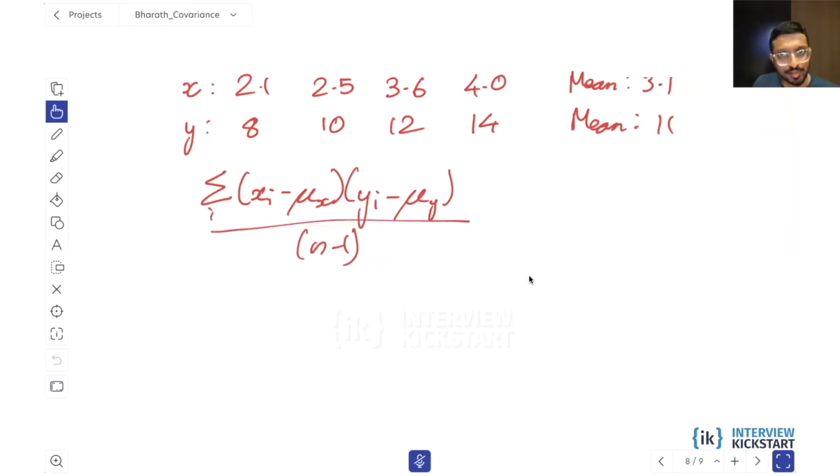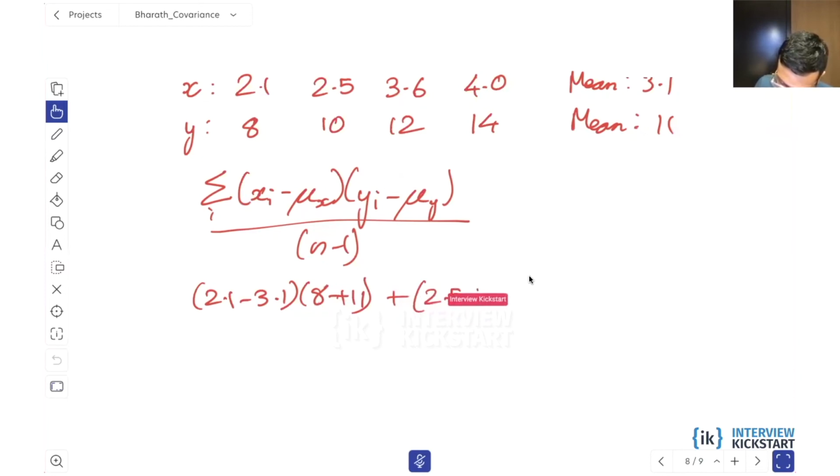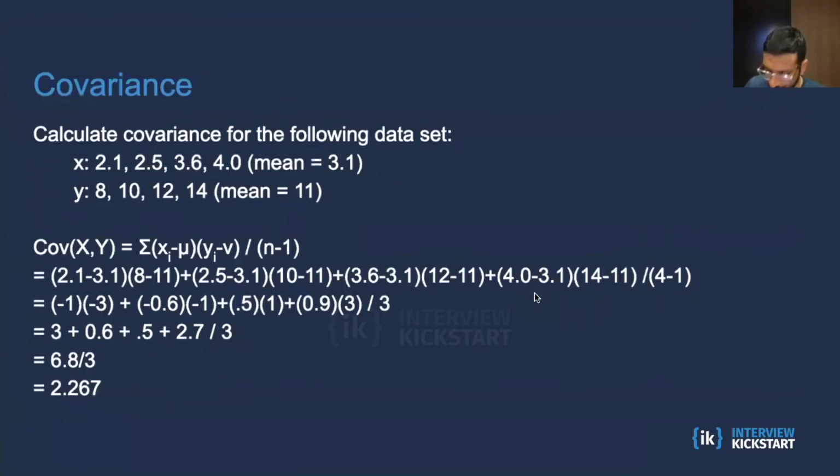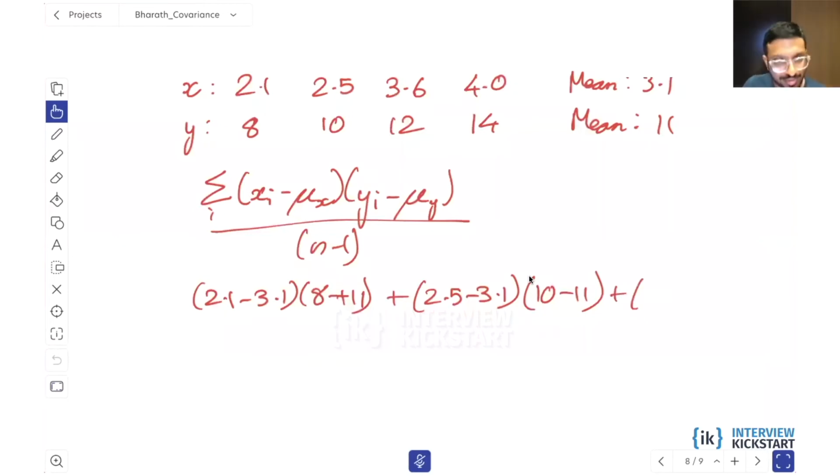So we're going to have 2.1 minus 3.1 multiplied by 8 minus 11, plus 2.5 minus 3.1 into 10 minus 11, plus 3.6 minus 3.1 into 12 minus 11, plus 4 minus 3.1 into 14 minus 11.